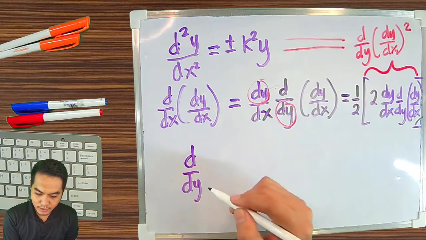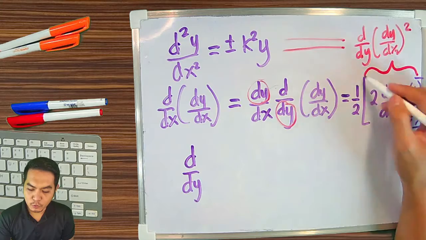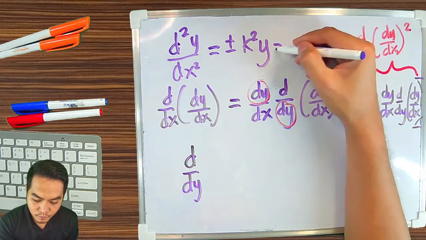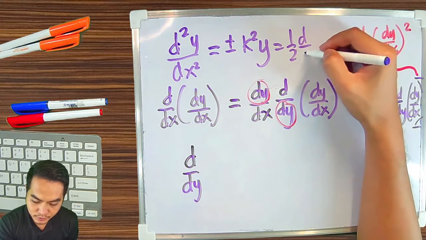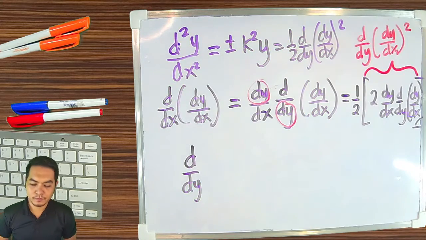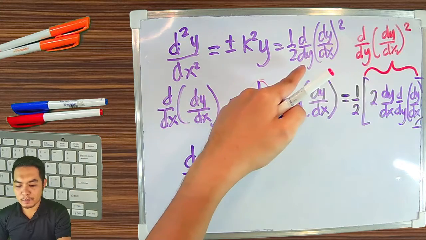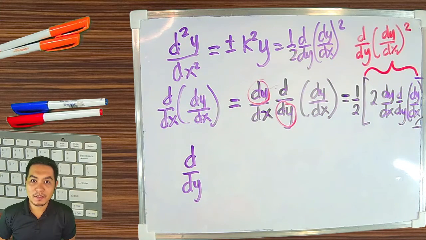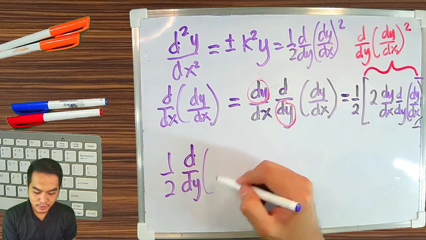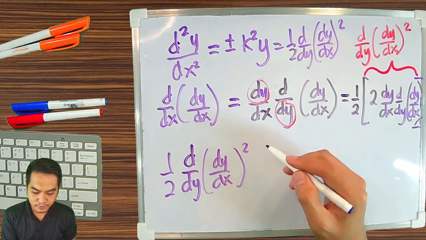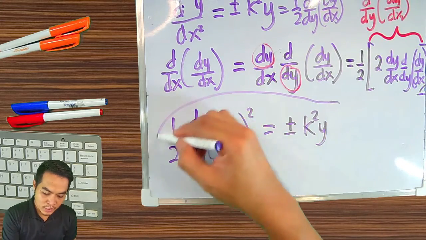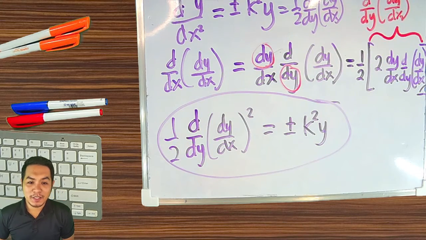So the second-order differential operator is basically 1/2 d dy of dy dx squared. Okay, so we have 1/2 d dy of dy dx squared is equal to plus and minus k squared y. This is now an equation easier to solve.